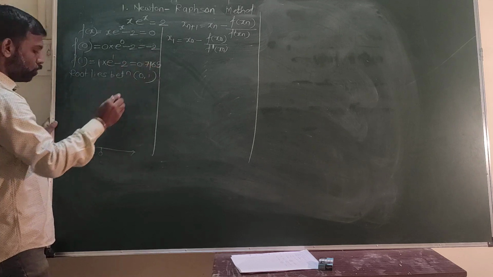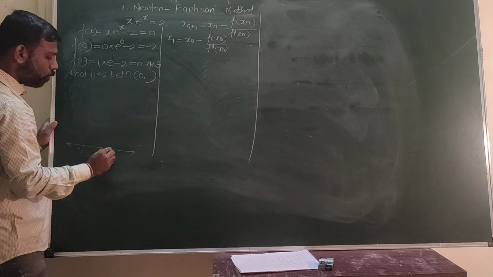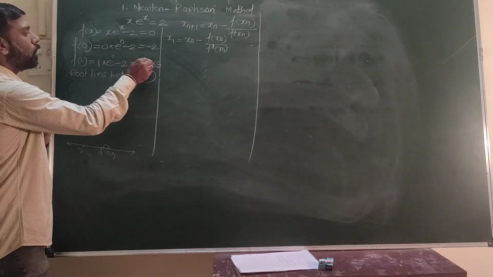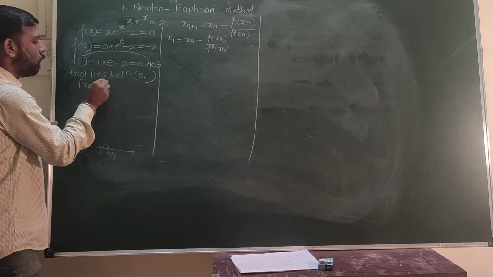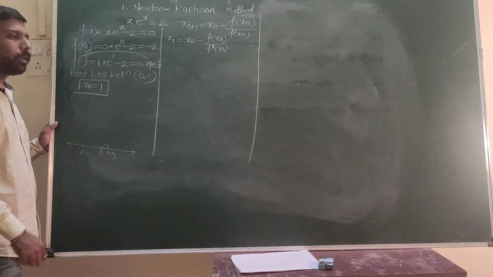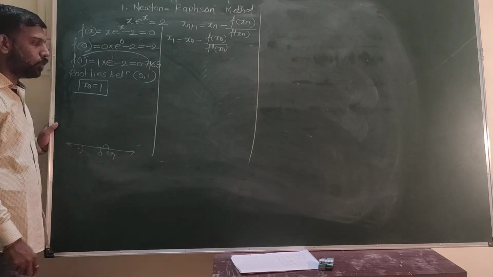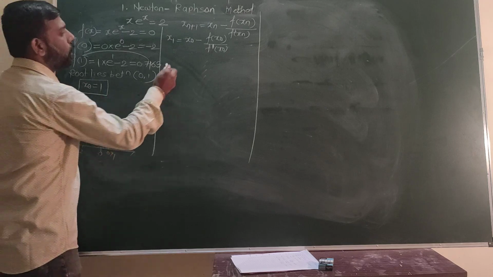Minus 2 compared with 0.71, 0.71 is nearer to 0. So corresponding to this one, this becomes our x0 value. This is just a conclusion. You can consider either x0 is 0 or x0 is equal to 1, any one of these values. But we concluded like this. So x0 is 1.